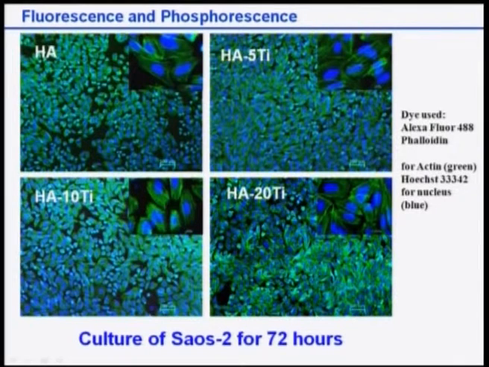In this case, I am showing you some pictures taken from cells grown on different composites like hydroxyapatite titanium composites, and by using Alexa Fluor 488 dye, we can tag this dye on the mitochondria of the living cell.